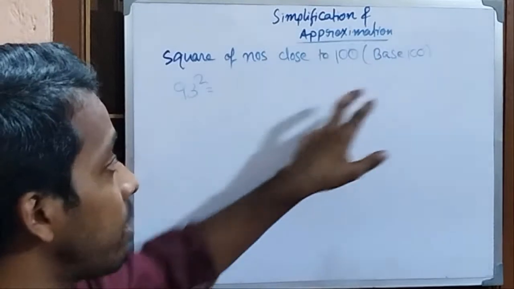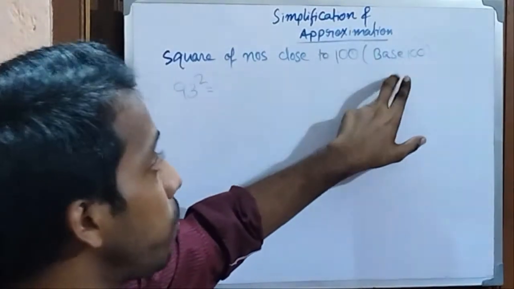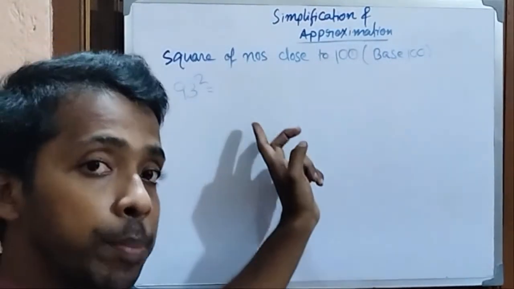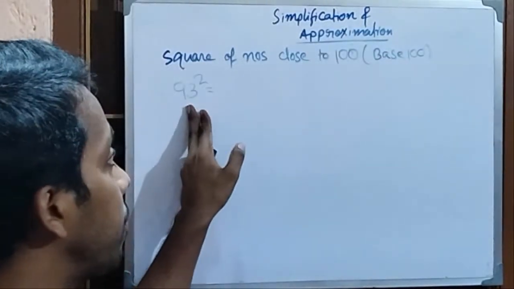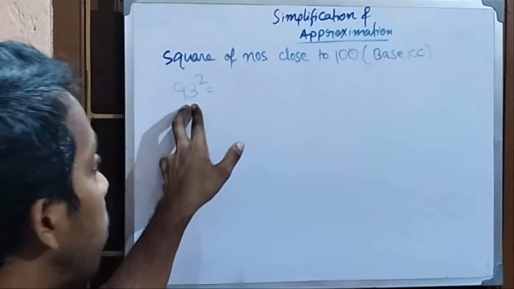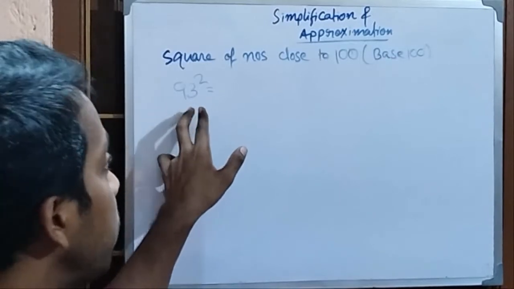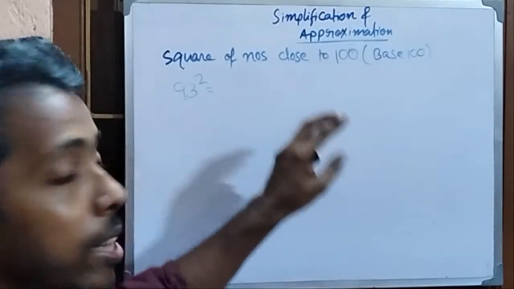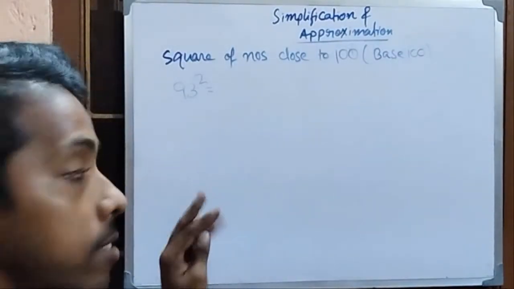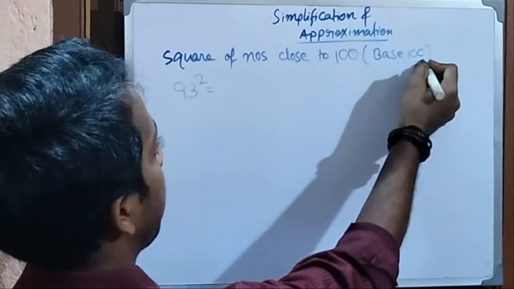Here no extra base or regular base is given, as in the case of numbers close to 50, where 25 is the base. But here, whatever number is given, you have to check how much less or more it is than the base, which is 100 in our case. So 93 is 7 less than 100.